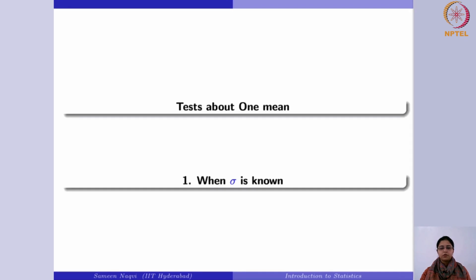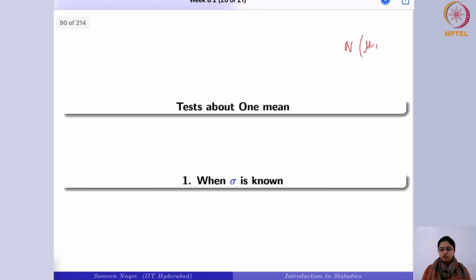Whenever we talk about the mean, we have two situations. Here you can see that in the normal distribution, normal mu sigma square, when I'm interested in the mean, sigma square has two options. It can be known or it can be unknown, right? Because when it is known, the test statistic would be different than when it is unknown.